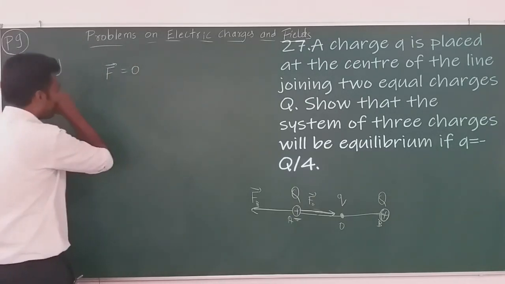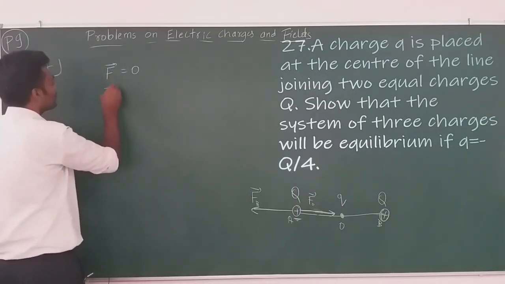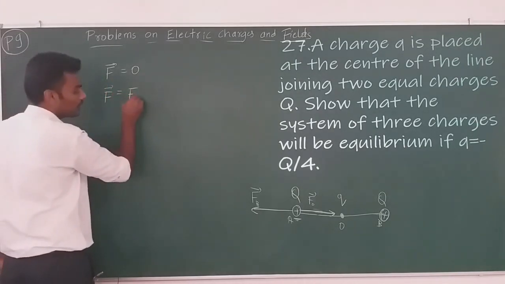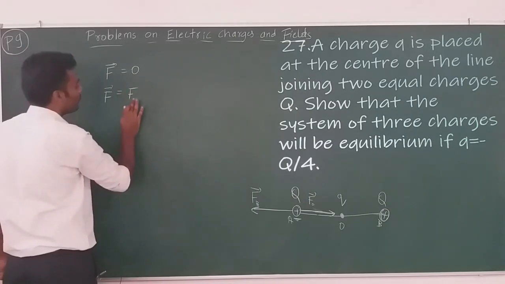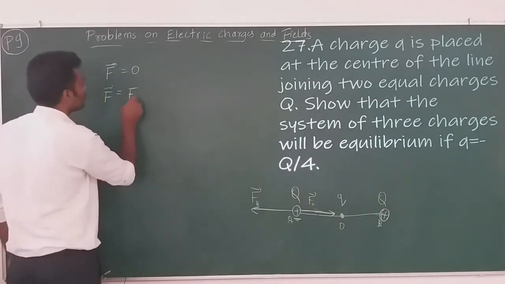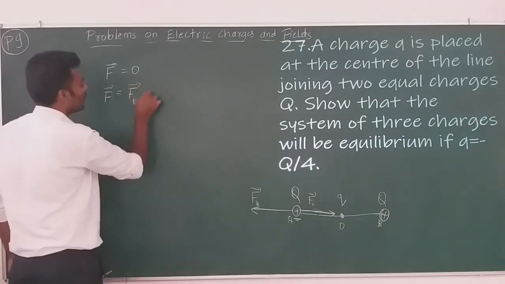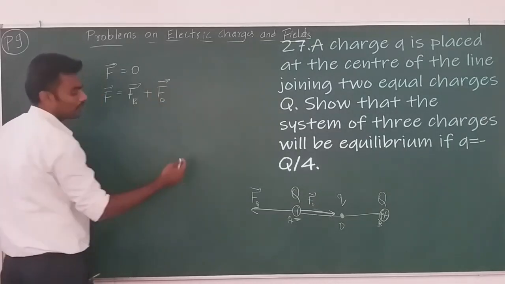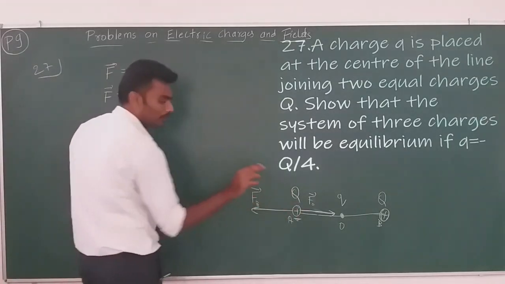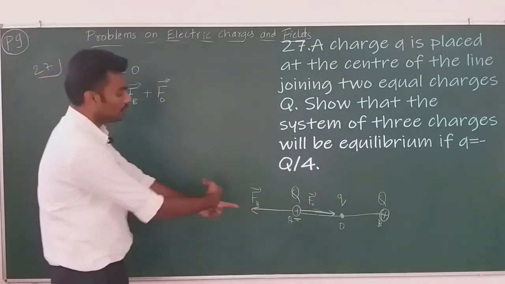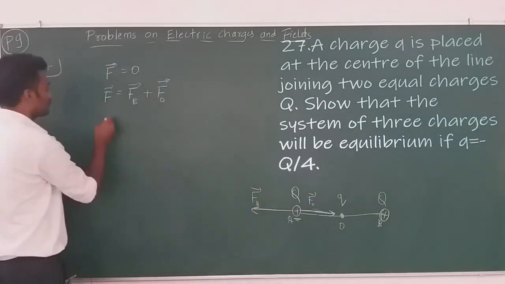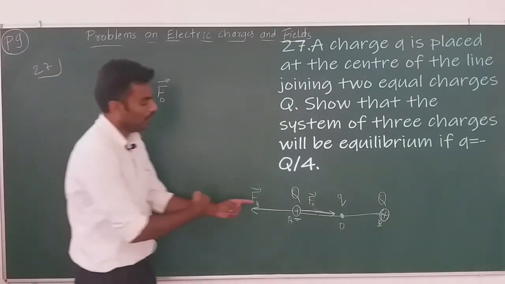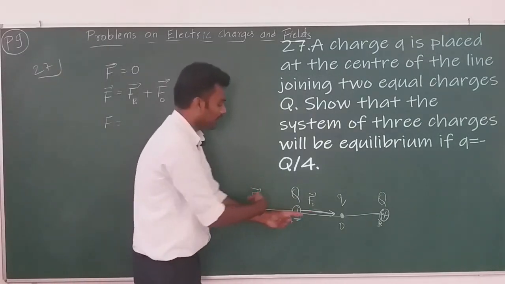Net force on A, what is that? I am still in vector form. Net force on A is the force due to charge B, FB, plus vector FO. Following? So FB plus FO, still in vector form. Now coming to the magnitude, they are opposite to each other, FB and FO.